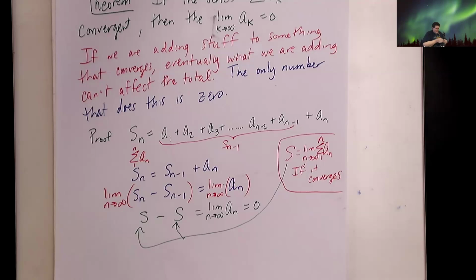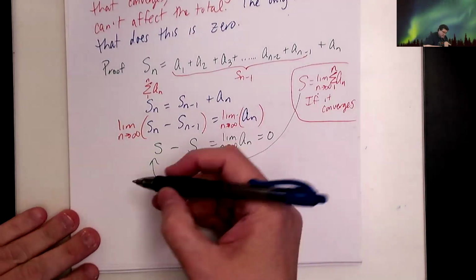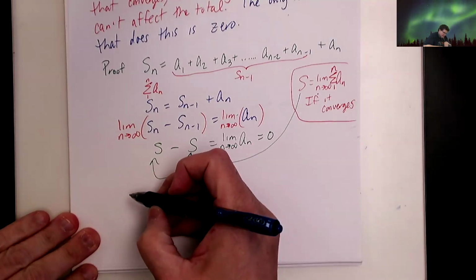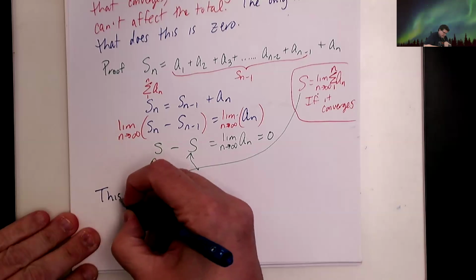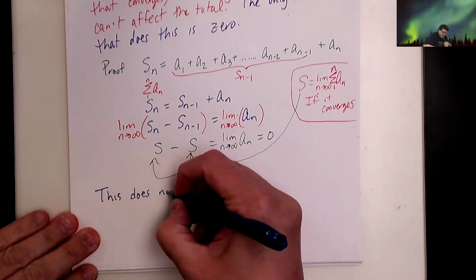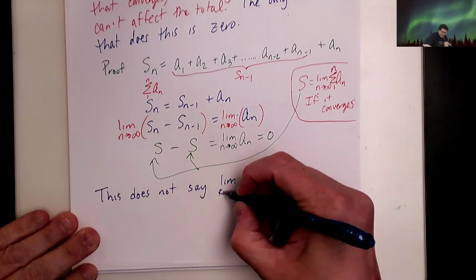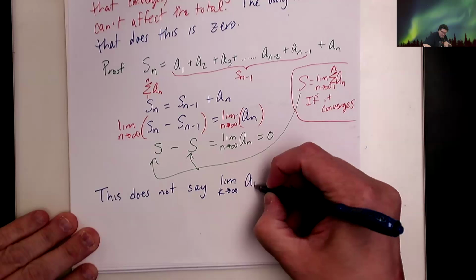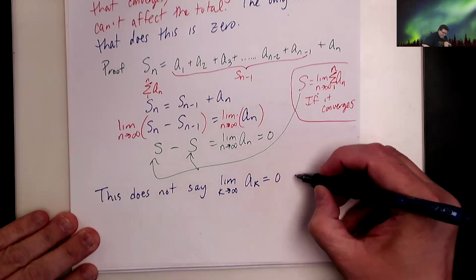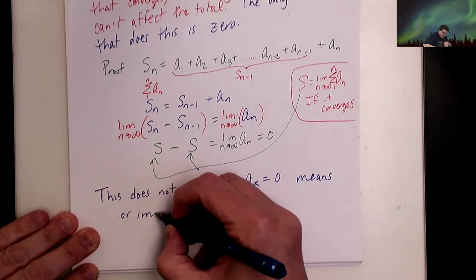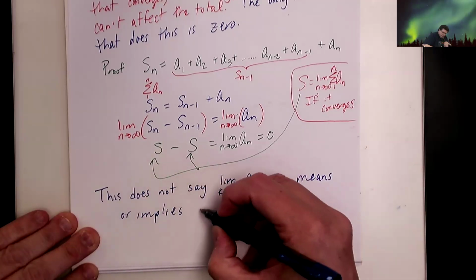This does not say the limit as k goes to infinity of a sub k equaling 0 means or implies that it's convergent.